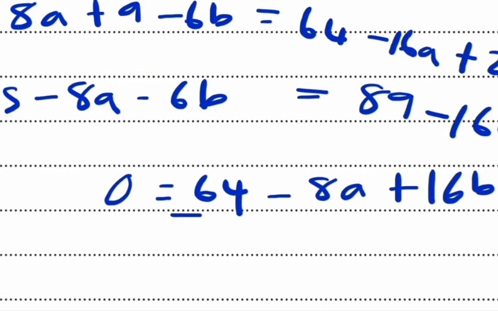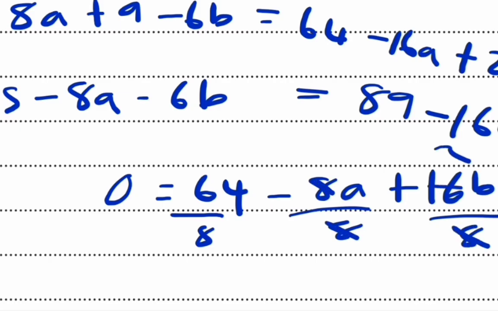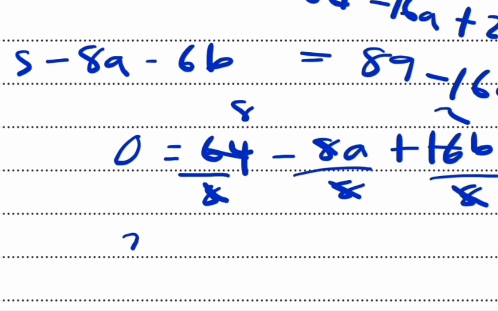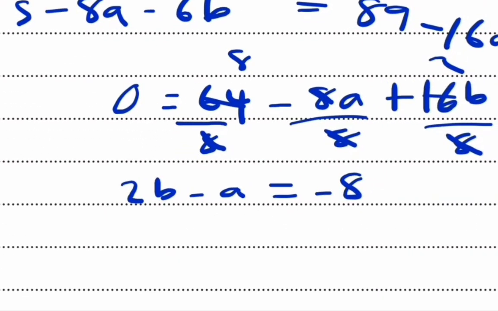And if we divide everything by 8, we get 8, 1, and 2. So in other words, we are saying 2b minus a should give us minus 8, like that. And making a the subject, we get 2b plus 8 is equal to a.